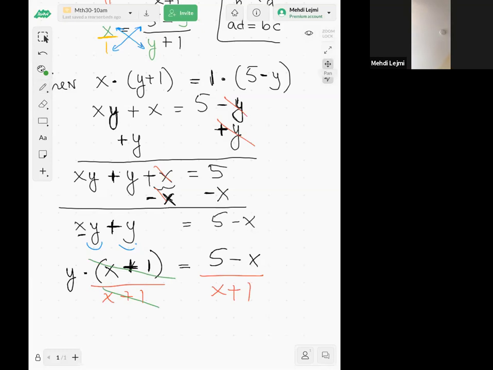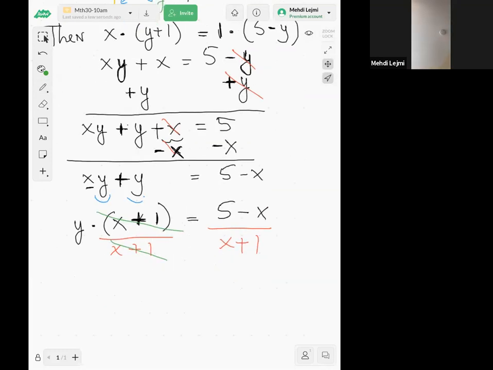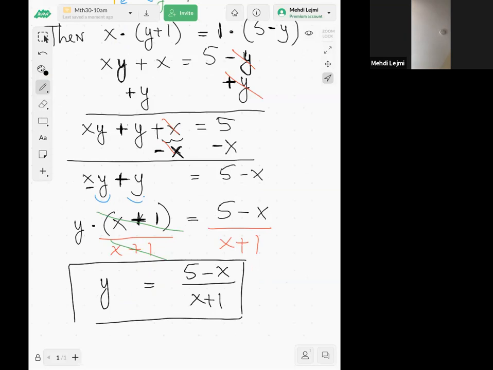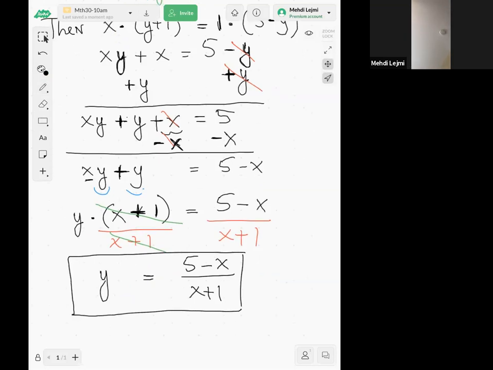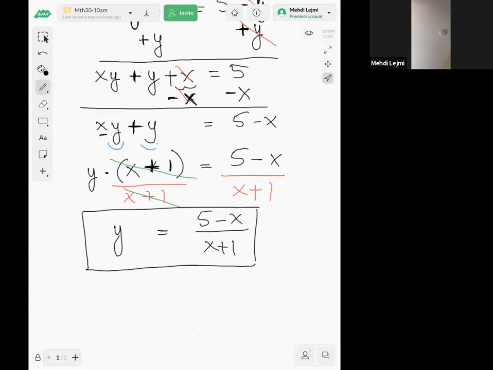So the answer: Y equals 5 minus X over X plus 1. Okay, so that would be the inverse function. That's F inverse: 5 minus X over X plus 1.